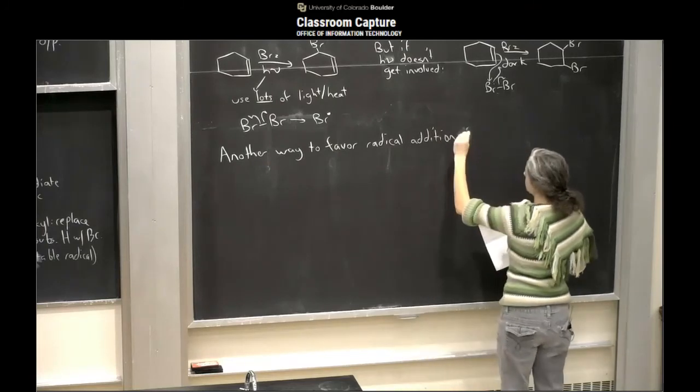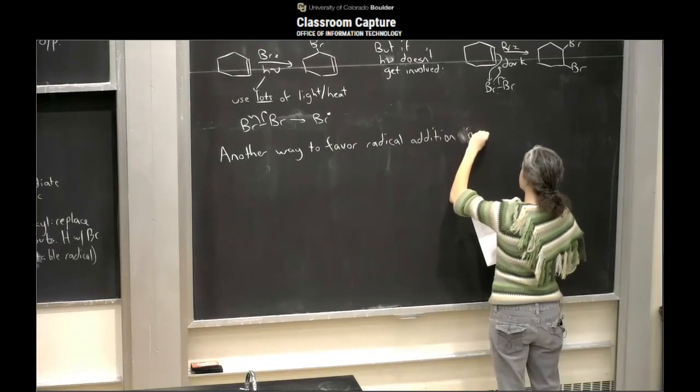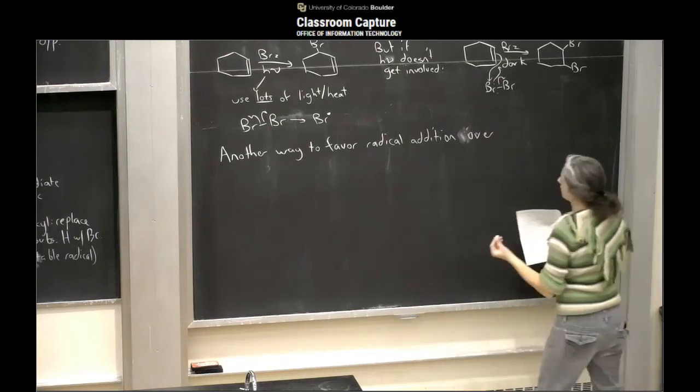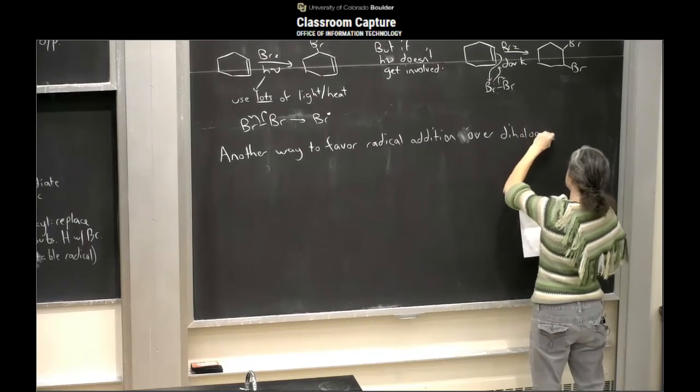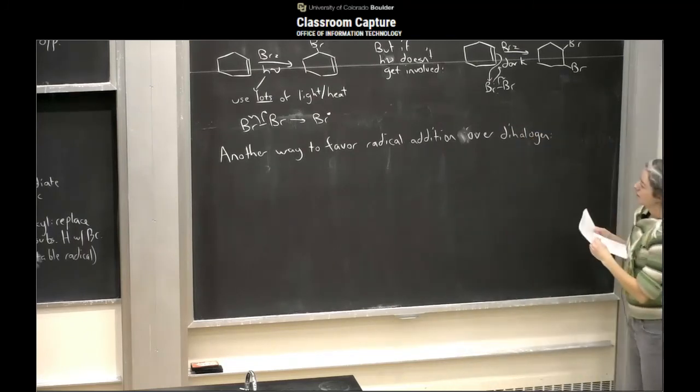So I guess radical addition over dihalogenation is what we're trying to maximize.